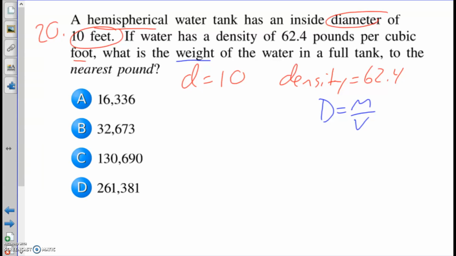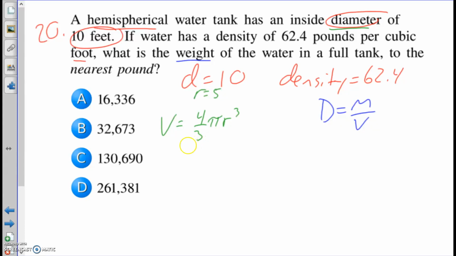So the volume formula for a hemisphere, they do not give you, but they do give you a sphere volume, which is 4/3 pi r cubed. Now, of course, with a diameter of 10, that means the radius is 5. They always love to give diameter when you need radius.